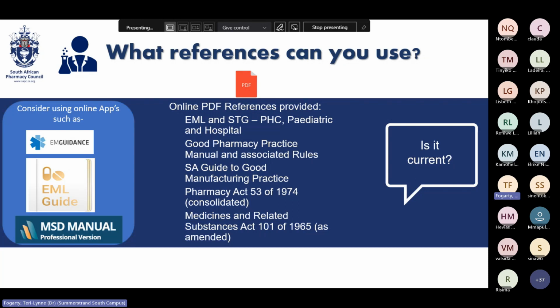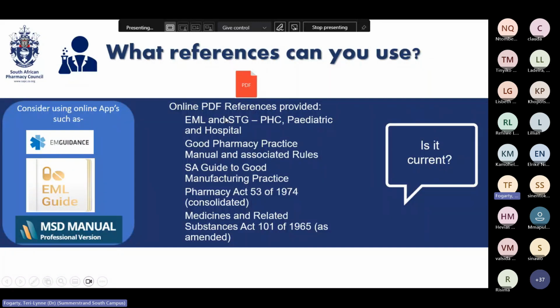A guide to good manufacturing practice, that's on the SAPRA website. The Pharmacy Act Consolidated is also on the Pharmacy Council website, and then the Medicines and Related Substances Act is on the SAPRA website. There are online resources such as EM Guidance is a good reference source to use.